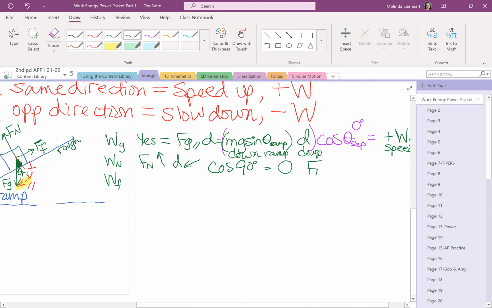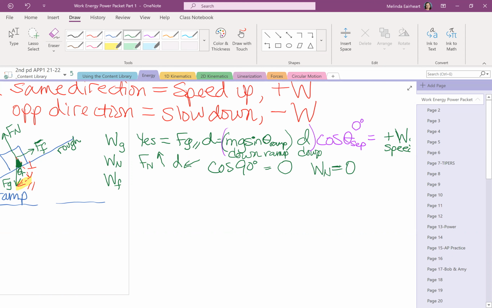And so the work done by Fn would be 0. The normal force and the distance it's traveling are perpendicular to each other. And by definition, to do work, there has to be a parallel piece of the force. And there is none for normal. So it's just zero. End of story. Good deal?